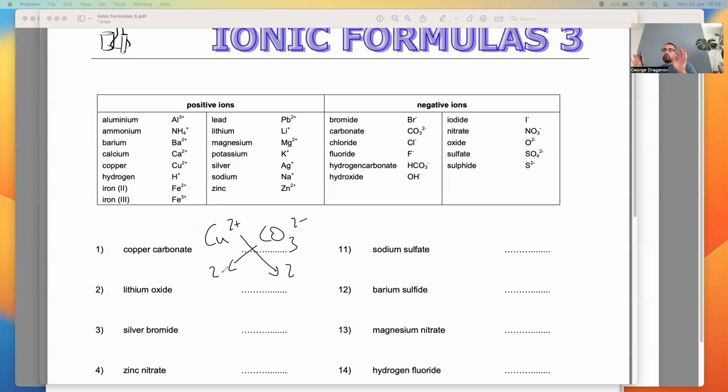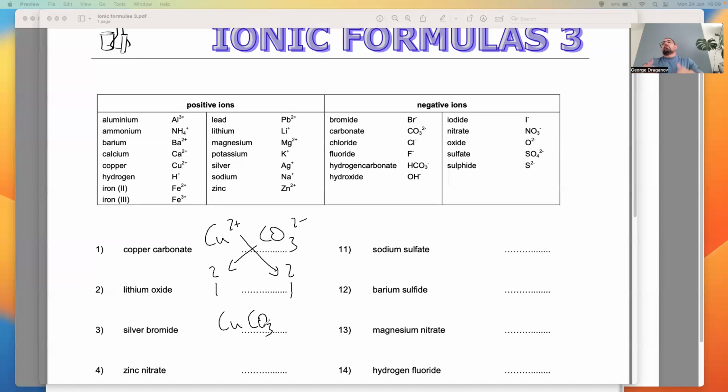But when it's 2-to-2, the simplest ratio would be 1-to-1. So you actually just need 1 copper, Cu, 1, and 1 CO3. Now be careful. The 3 stays. The whole thing is multiplied by 1. So you do not need to do anything. You just leave a CuCO3, because there's 1 of the CO3 and 1 of the Cu.